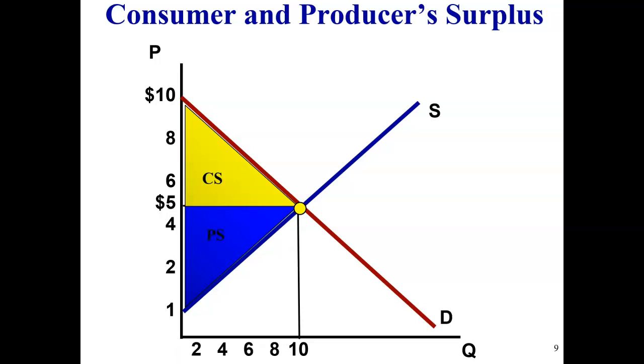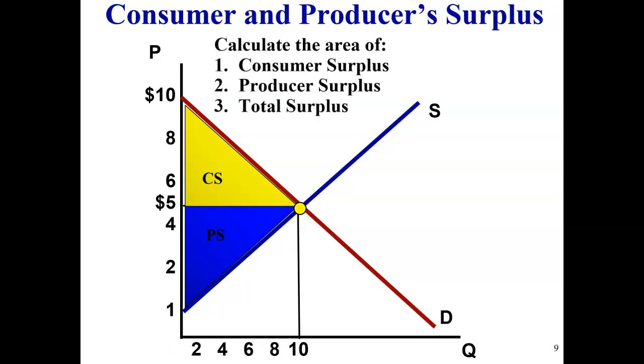Here is our producer surplus. Oftentimes, an economy that's allocatively efficient, producing the allocatively efficient quantity, in this case a quantity of 10, we might see maximized consumer surplus and producer surplus, okay? And if we wanted to quantify this, we can just look at quantifying the area.